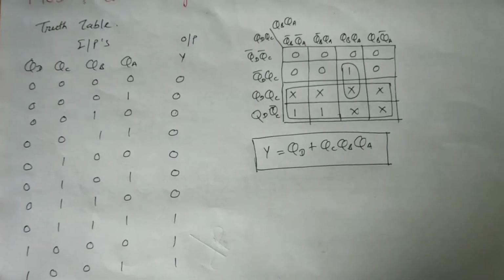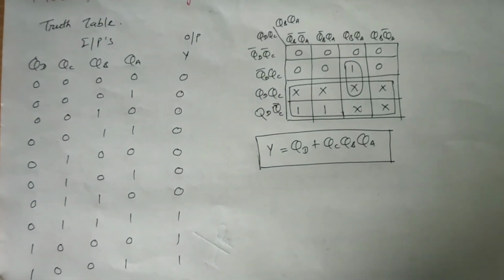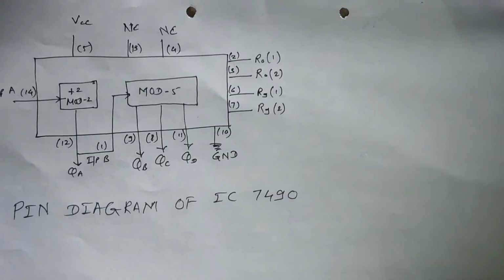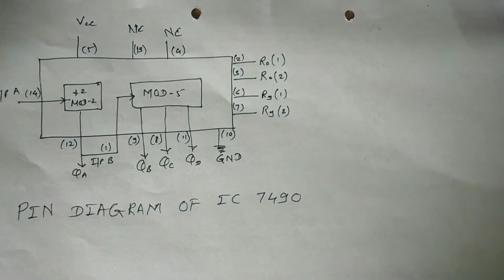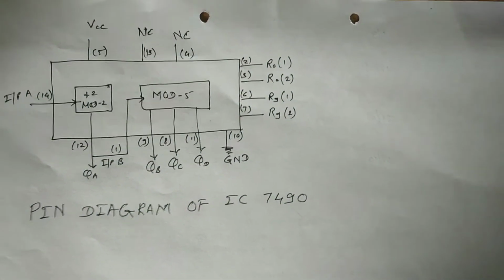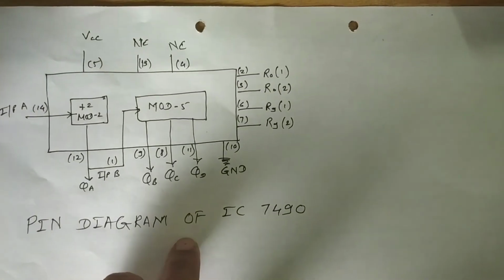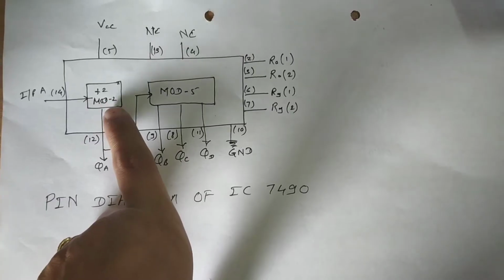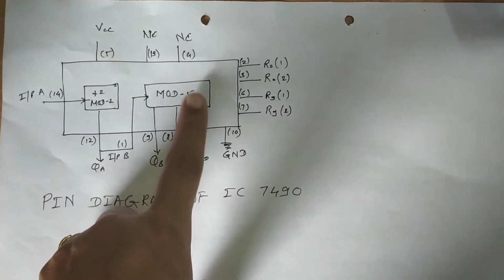Now what I have to do is implement this using the IC, that is the 7490 mod 10 IC, right? This is the pin diagram of IC 7490, that is the mod 10 IC, or you can say decade IC. So you can see that the IC consists of 2 parts, that is mod 2 and mod 5.